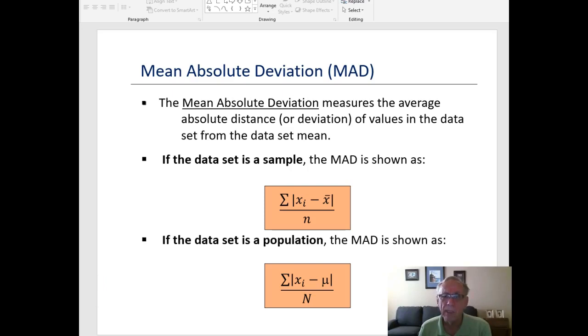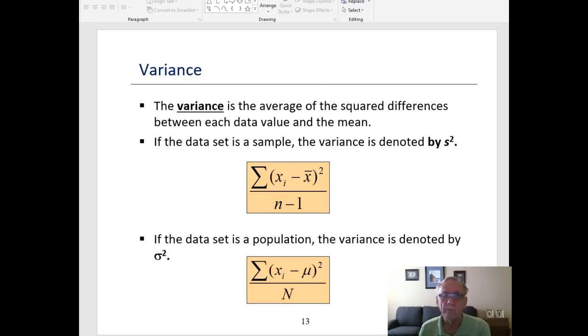Again, it becomes important to remember that small n represents a sample data set and big N represents total population. The variance is the average of the squared differences between the data value and the mean.